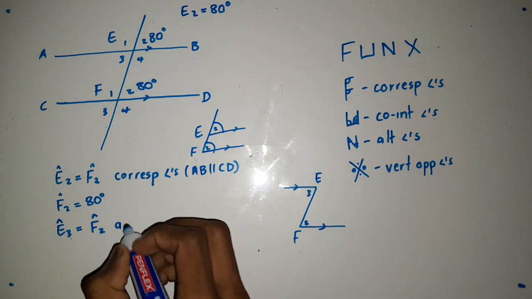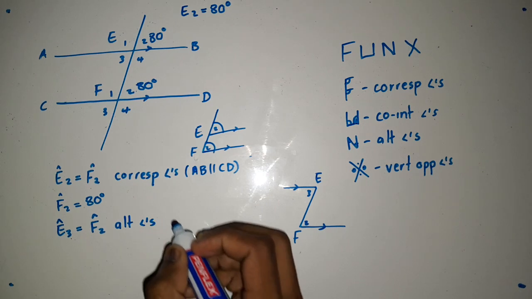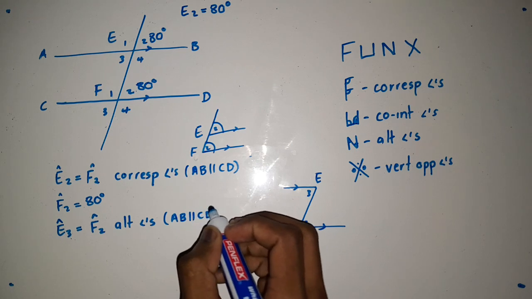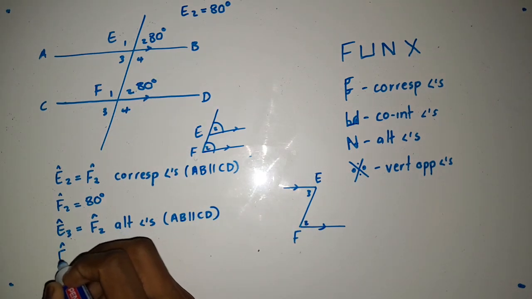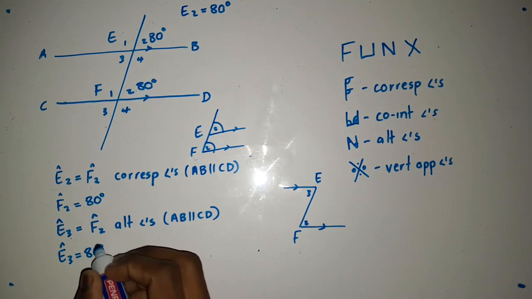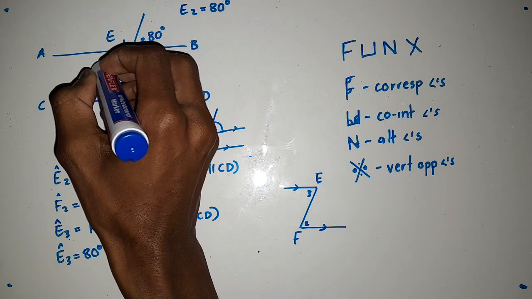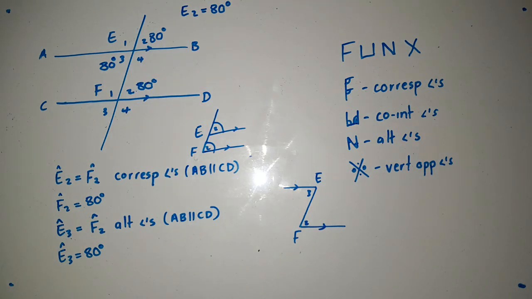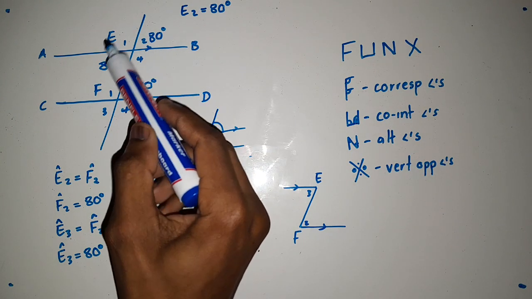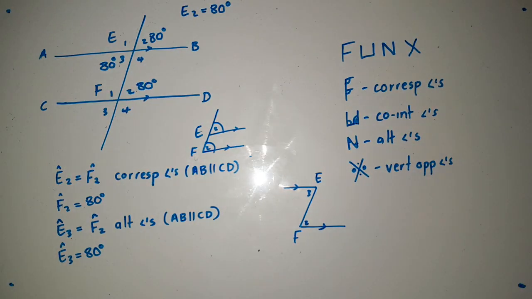See, we get alternating angles. Alternating angles are the same. Then our E3 is going to be equal to 80 degrees as well. Another learner would have said E2 is equal to E3, the reason being vertically opposite angles. You are also allowed to do that.